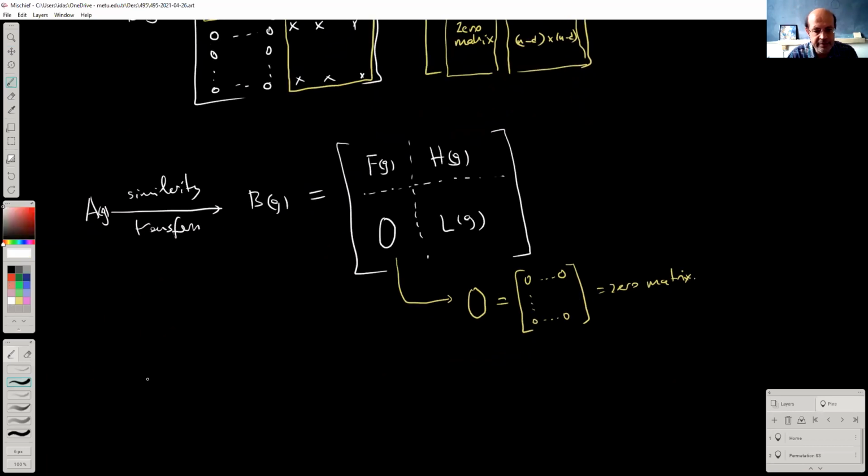Hocam, if you are not comfortable with the notation, maybe you can express its size like 0 n minus d cross d. Yeah, this one, but sometimes I don't want to do that. So let me also write down this notation too. So this is 0 n minus d cross d. So it's a 0 matrix of that size, yes.